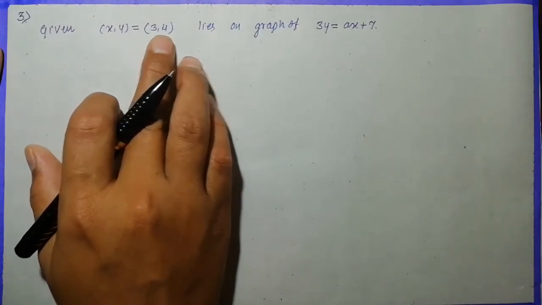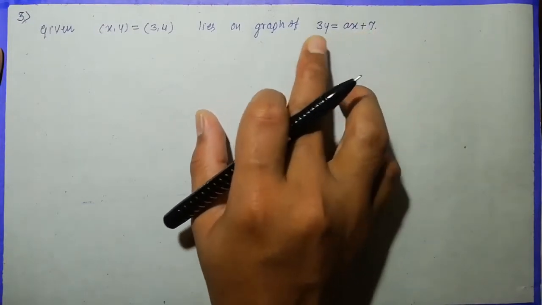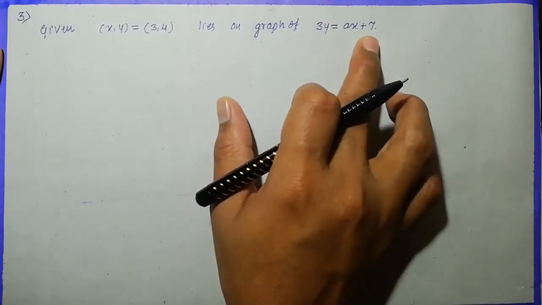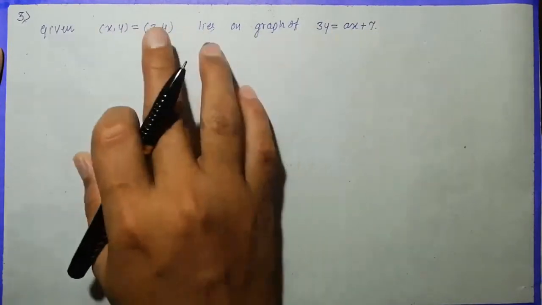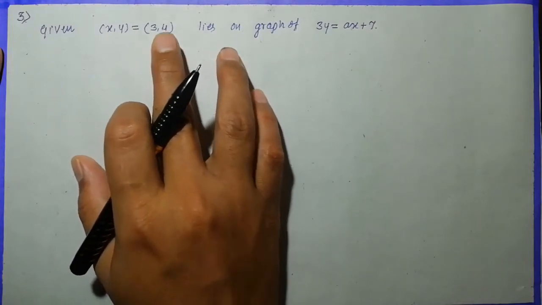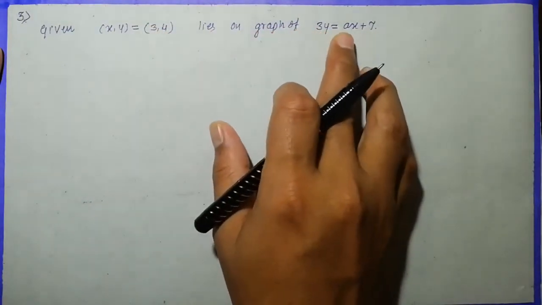3 comma 4 lies on the graph of 3y is equal to ax plus 7, which means it is a linear equation. The graph of a linear equation is a straight line. On this straight line 3 comma 4 is present, which means 3 comma 4 is a solution of this equation.